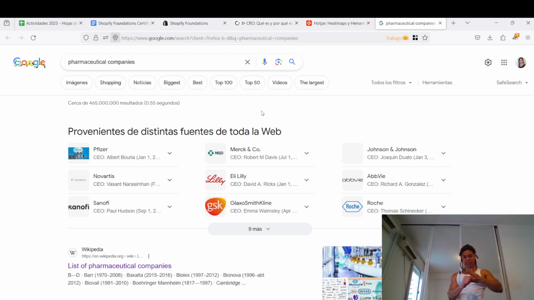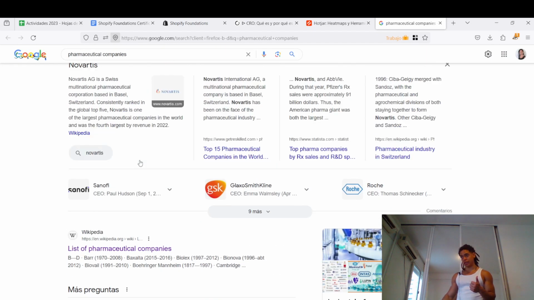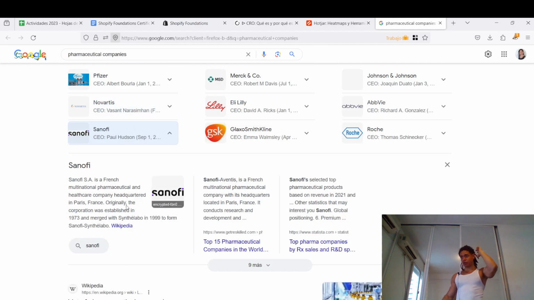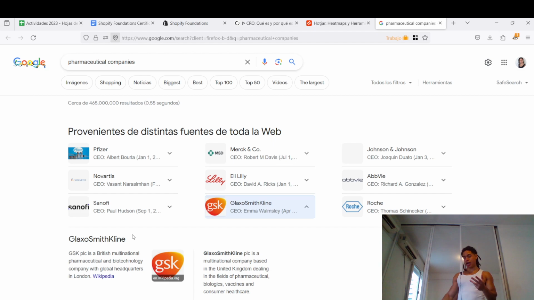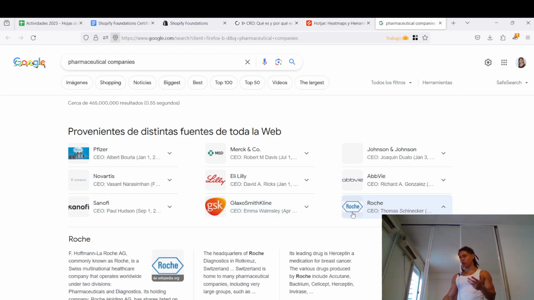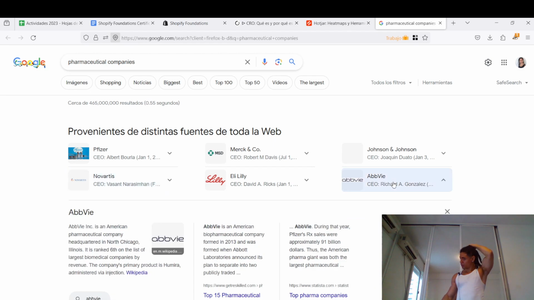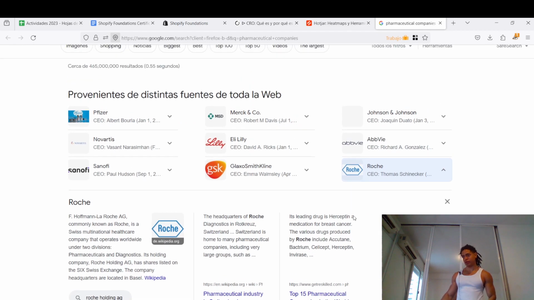GSK is from the United Kingdom, Pfizer is an American company, Novartis is a Swiss multinational pharmaceutical, Sanofi is a French multinational, Glaxo is a British multinational, Roche is a Swiss multinational. Interesting. Novartis, Switzerland.